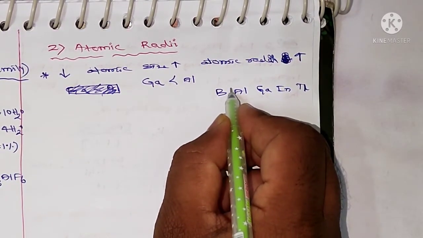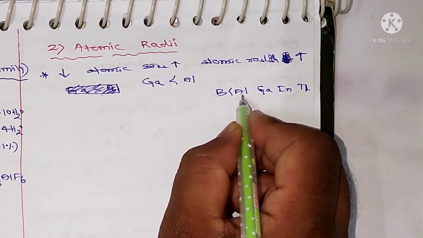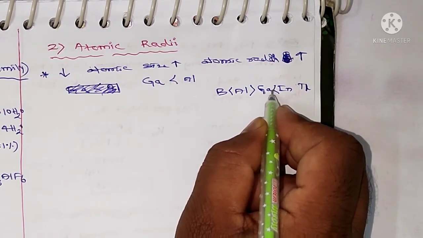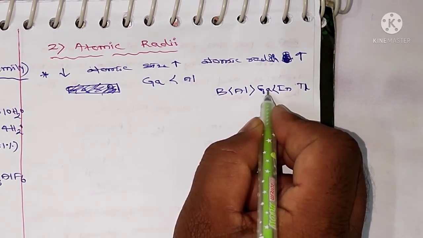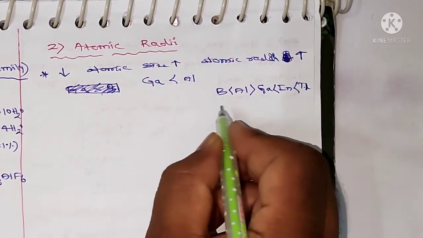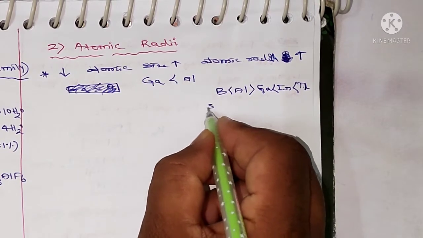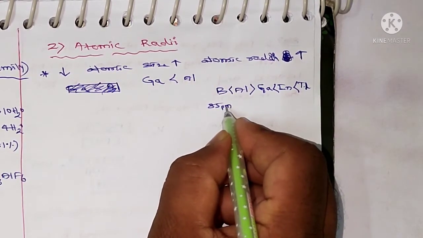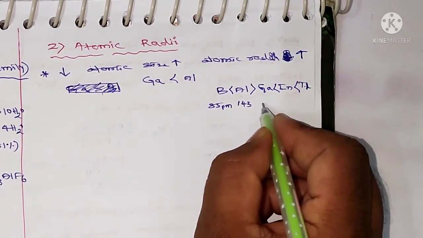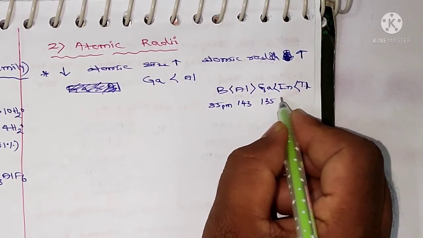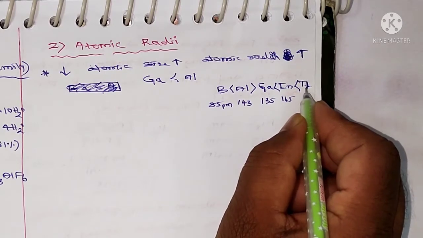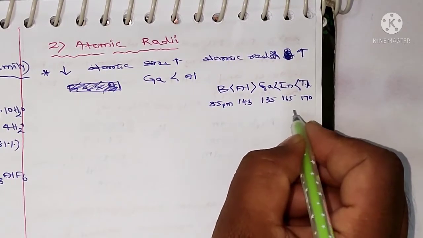The order is: boron is less than aluminium, but aluminium is more than gallium, indium is more than gallium, and thallium is more than indium. Boron is 85 picometers, aluminium 143 picometers, gallium 135 picometers, indium 165 picometers, thallium 170 picometers.